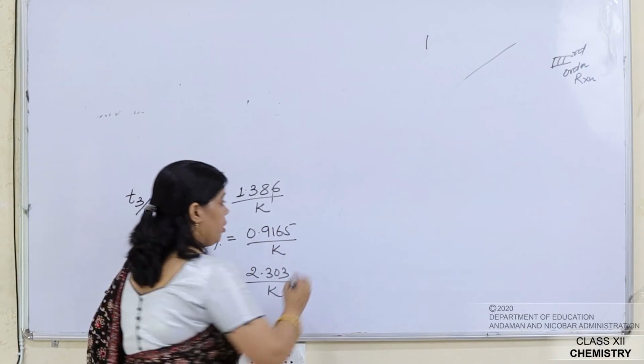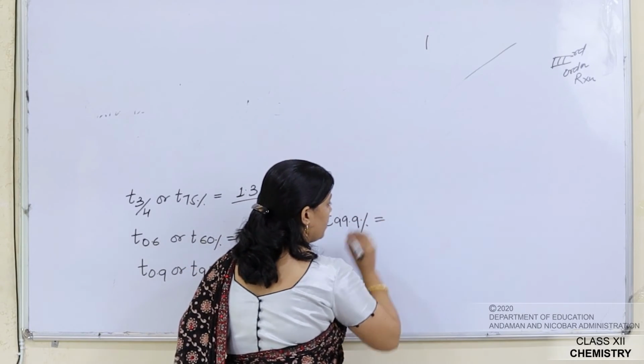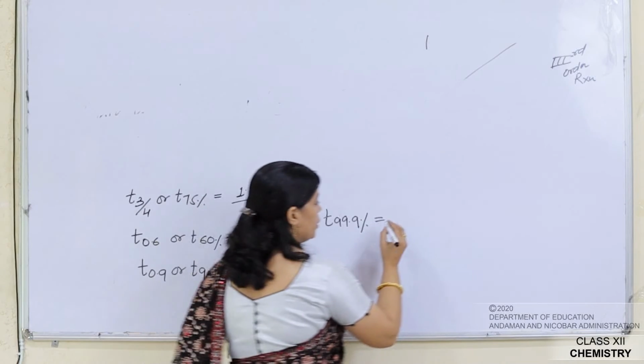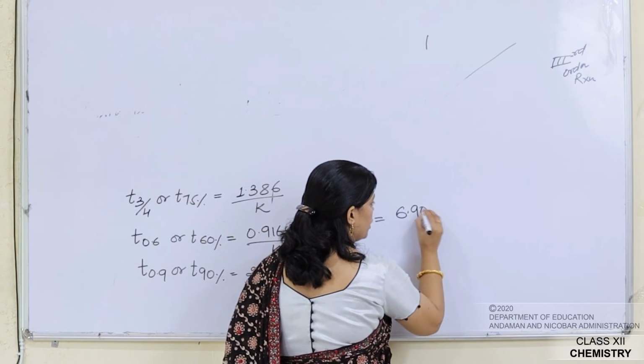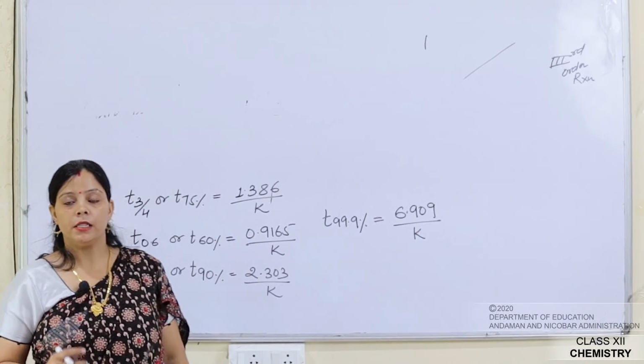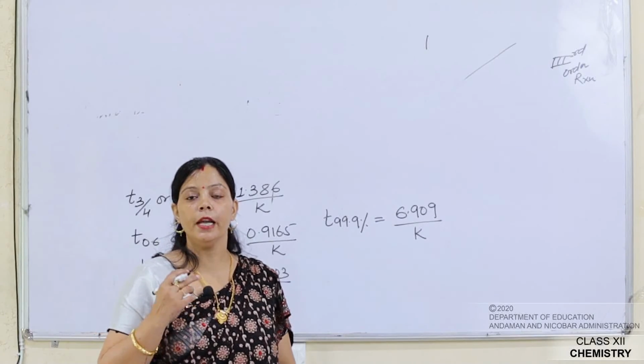Similarly, for the completion of 99.9%, the time required for the completion of 99.9% is equal to 6.909 by K. So in this way, we can calculate the time required for the completion of different fractions of the reaction.